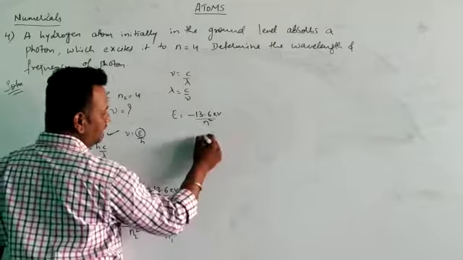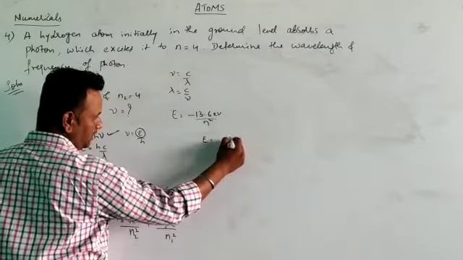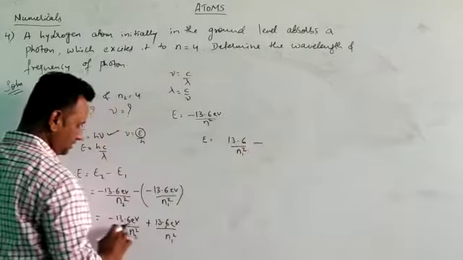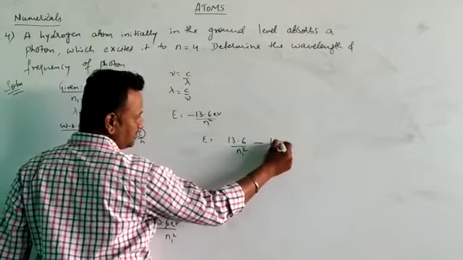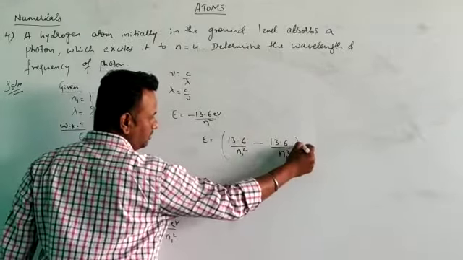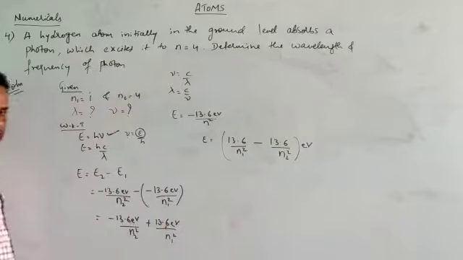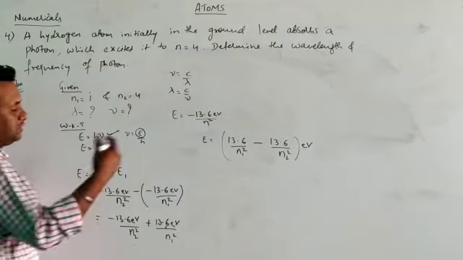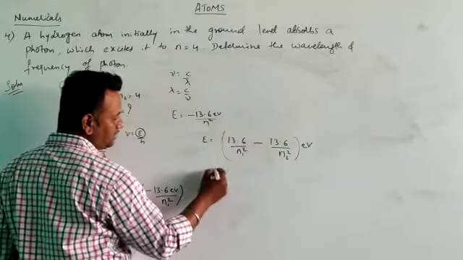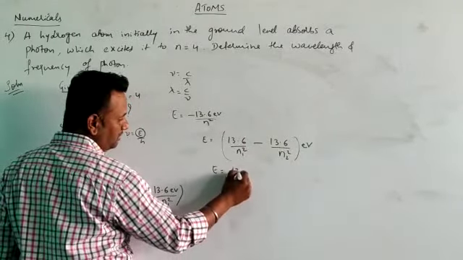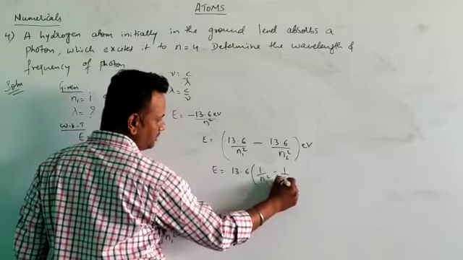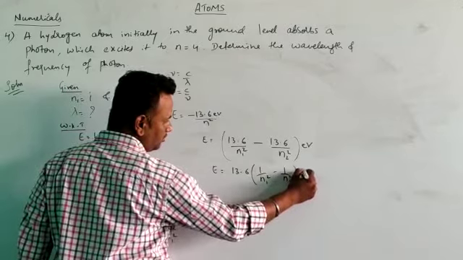Now therefore E is equal to 13.6 divided by n1 square minus 13.6 divided by n2 square, electron volt is common. The common number here is 13.6. E equal to 13.6 into (1 by n1 square minus 1 by n2 square) electron volt.